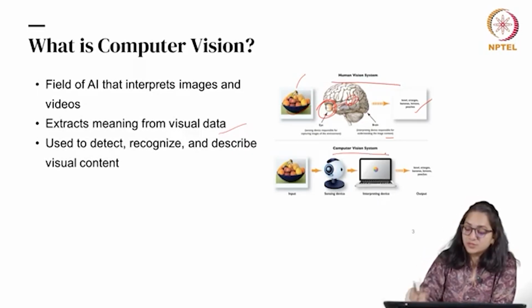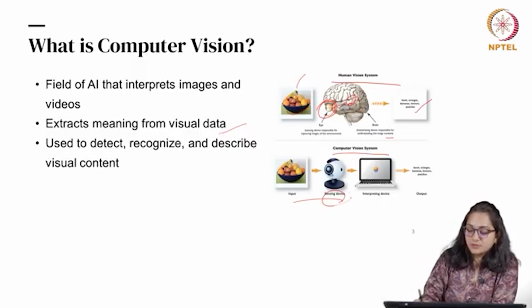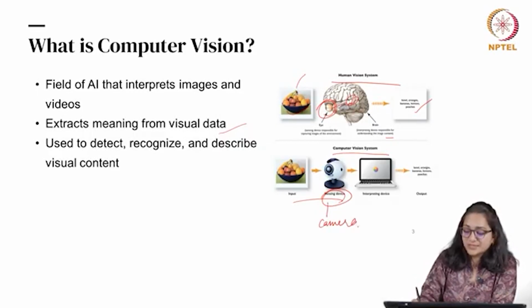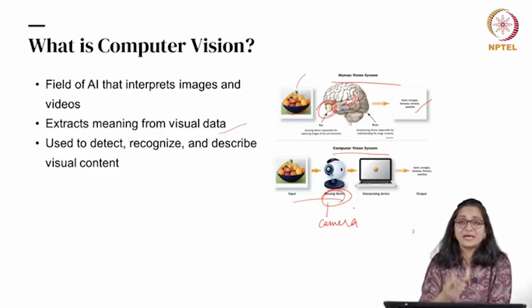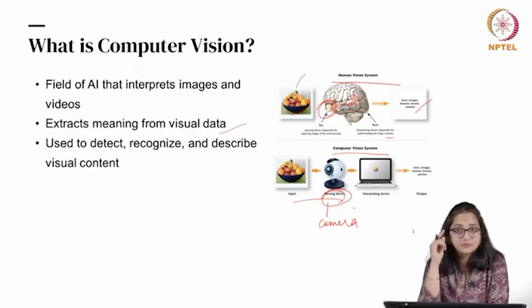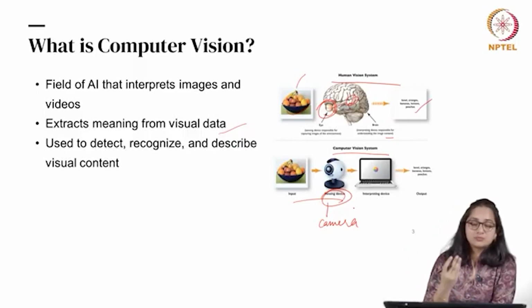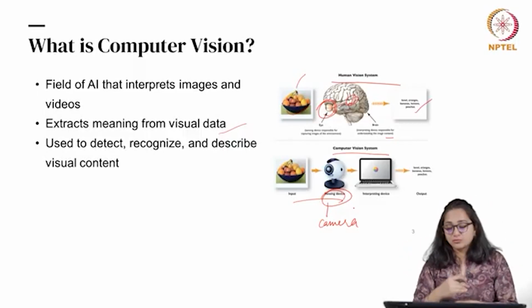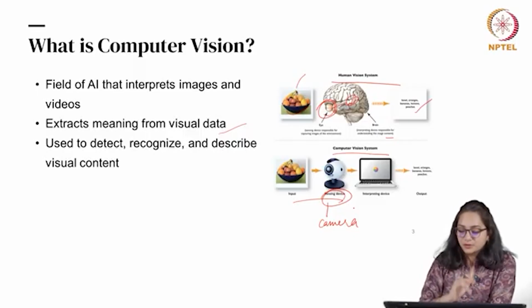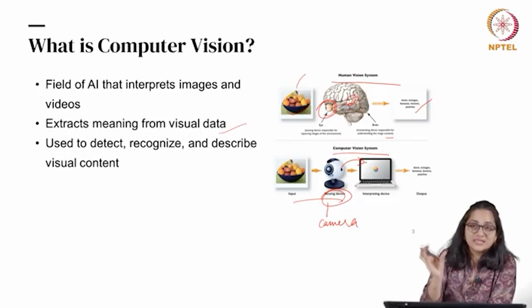A computer vision system, again, there's a camera which is a sensing device. It can be a standalone camera, it can be a camera which is there on your smart glasses, it can be something which is part of your mobile phone also, or whatever camera, right? And then the information is shared to a processing unit.